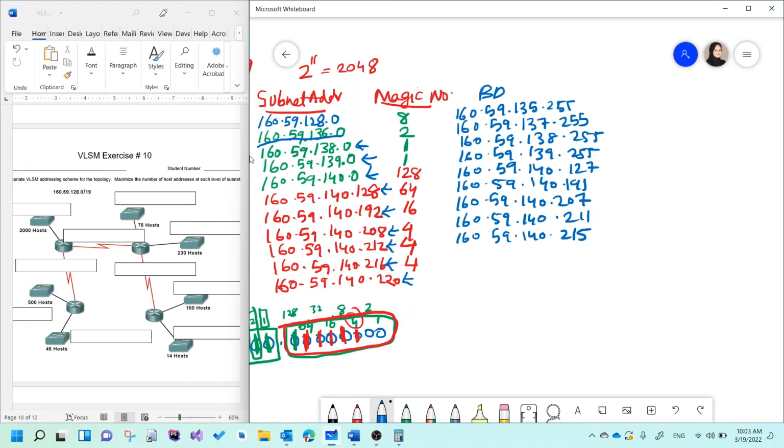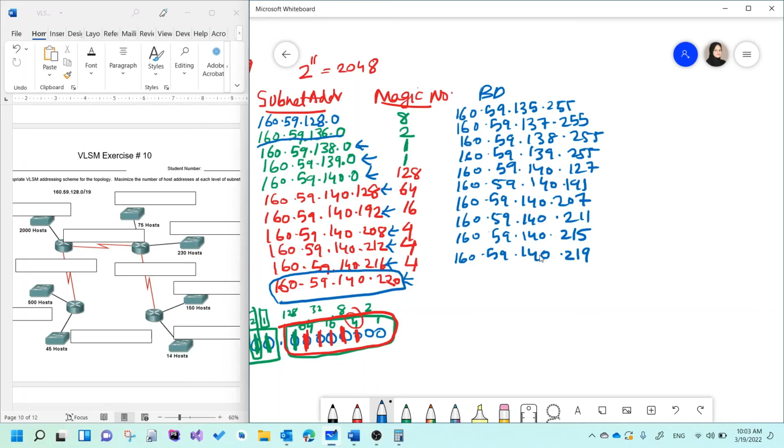And then here it would be 160, 59, 140, 219. Okay, now you don't need to find the broadcast for this one because this is an extra subnet that we tried to figure out. It was not required. So you don't need to figure out the other addresses for this.